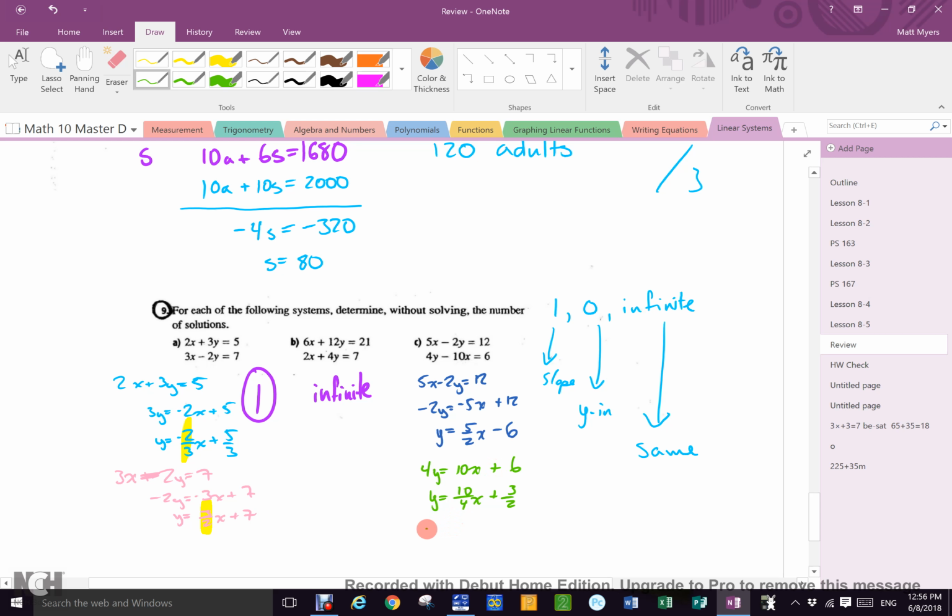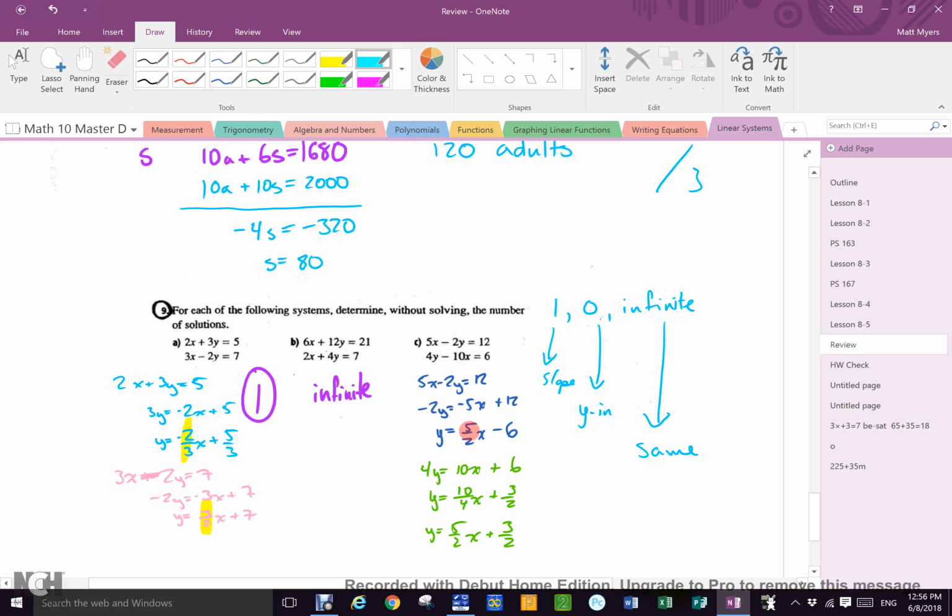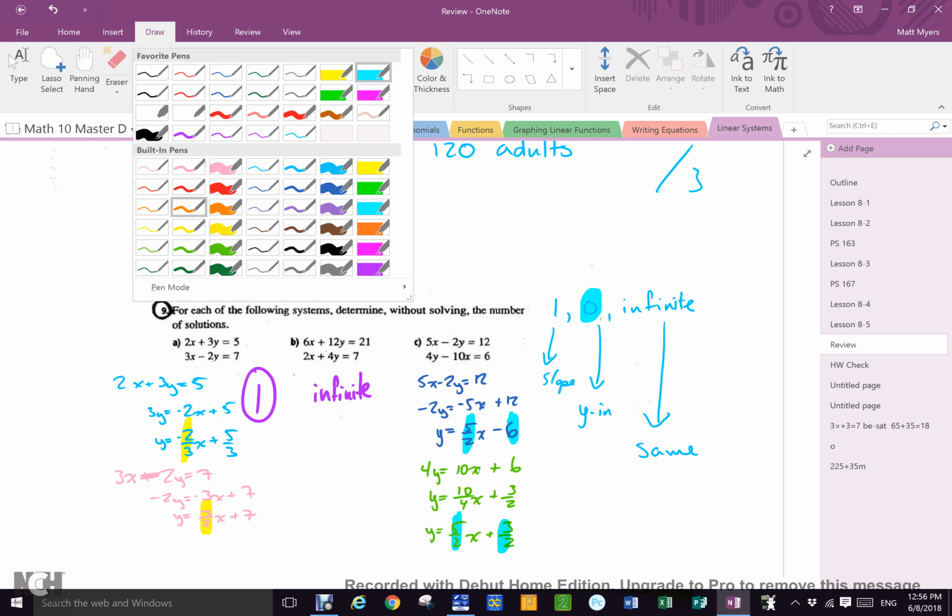What is it? 5 over 2. 5 over 2x plus 3 halves. And you notice, same slope, but different y-intercepts, so it had to be 0.